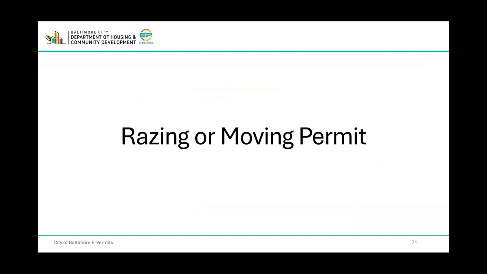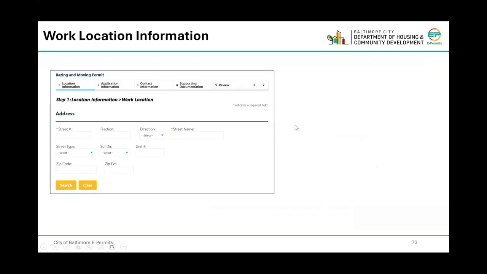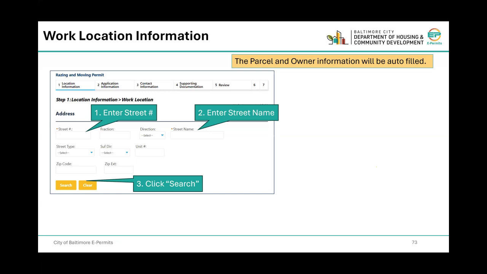All right, so now we're going to talk about a raising or moving permit. You'll need to be signed into ePermits account, and you would select raising or moving for the permit type. So for your work location, enter your street number, enter the street name, click search.